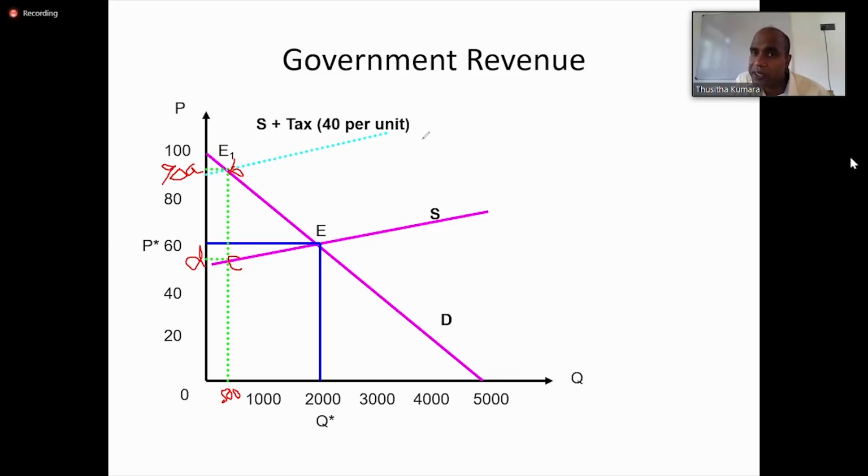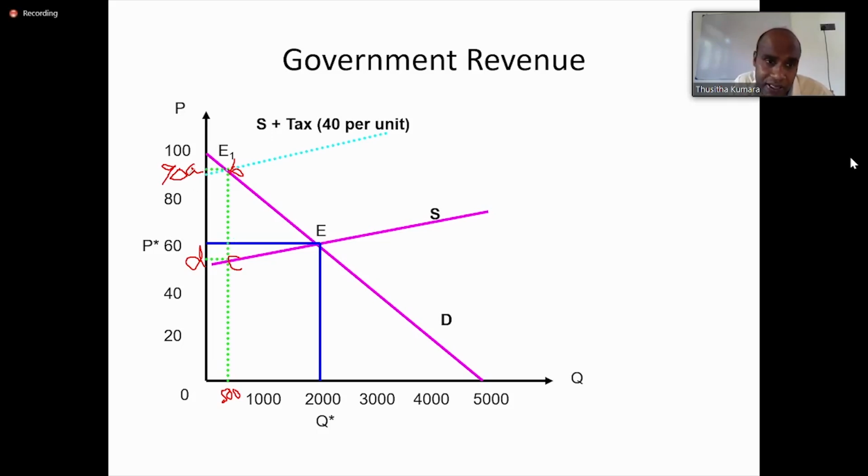It is given as 40 rupees per 1 unit. Then we can calculate from here the total tax amount. The quantity sold is 500, so 500 multiplied by 40 will be equal to 20,000. So tax revenue will be 20,000.